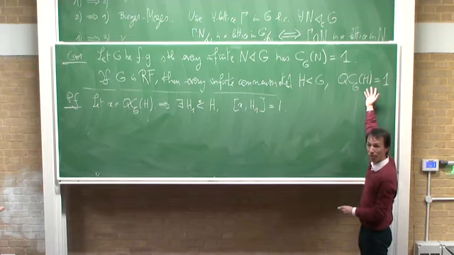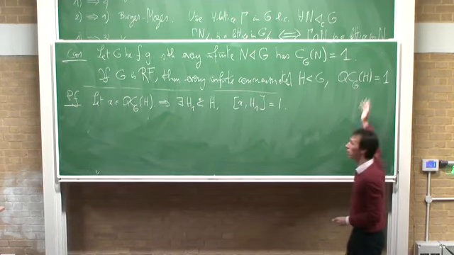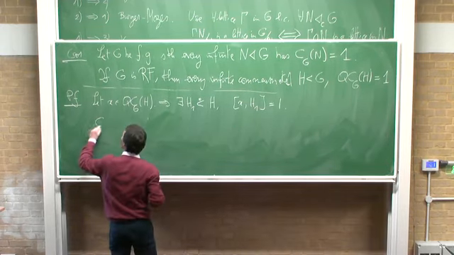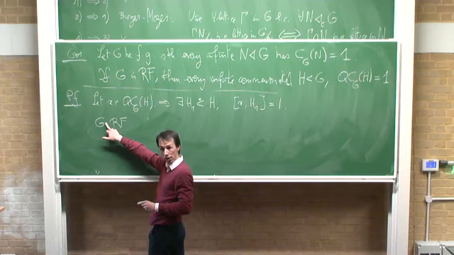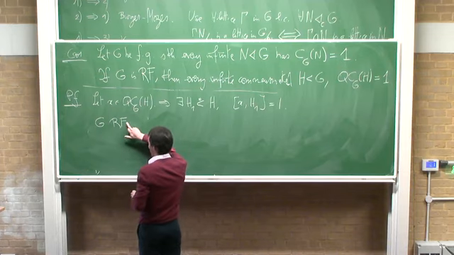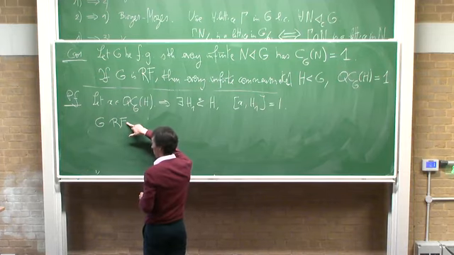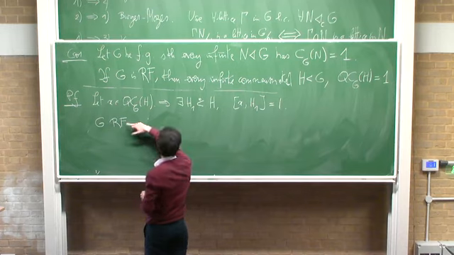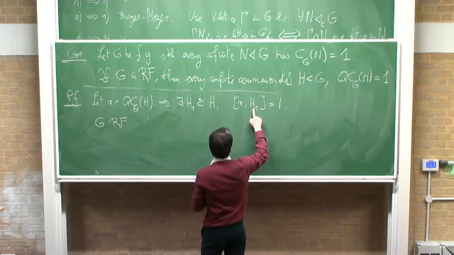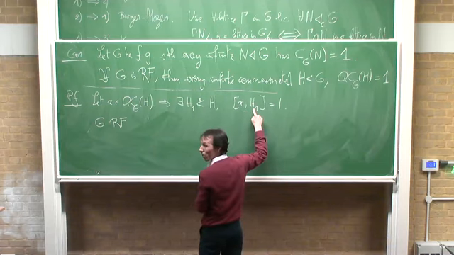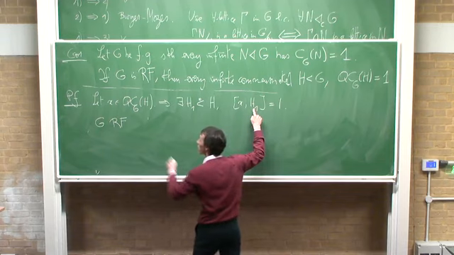That's the definition of quasi-centralizing H. And now I do what I already did before. The residual finiteness of G says that the profinite topology is Hausdorff. But then if you commute with something in a Hausdorff topological group, you also commute with the closure.